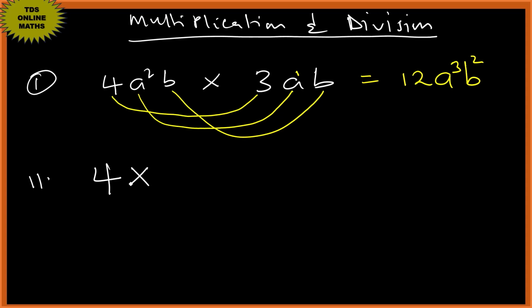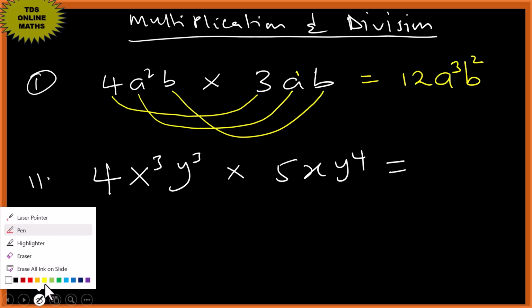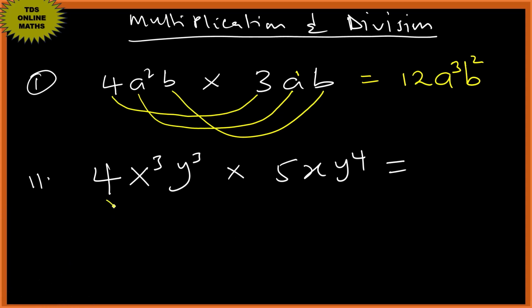Now 4x cubed y cubed times 5xy to the power 4. Now let's see how we can multiply them. So same thing.